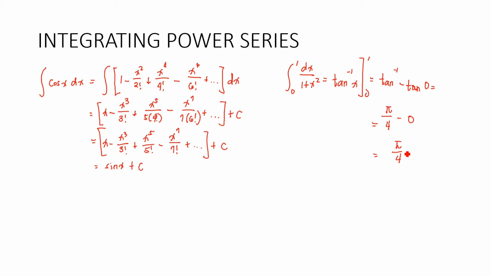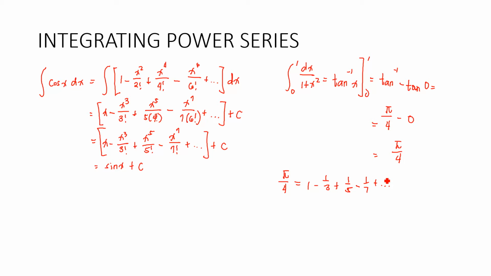So we will show that pi over 4 is equal to 1 minus 1/3 plus 1 over 5, minus, it should be minus, sorry, minus 1 over 7 plus so on.